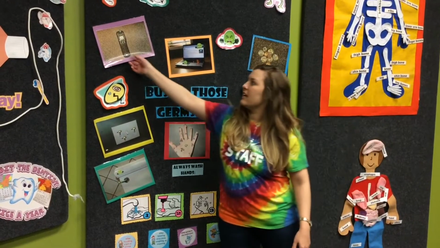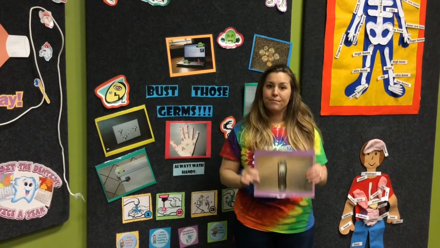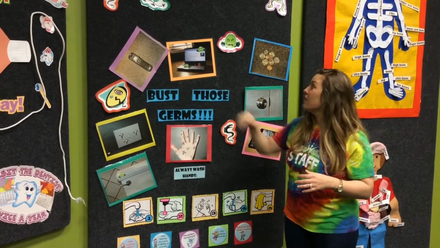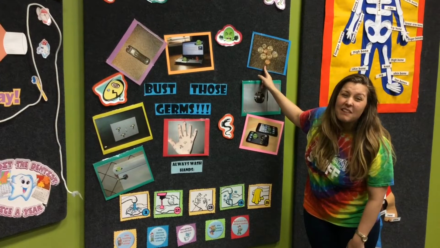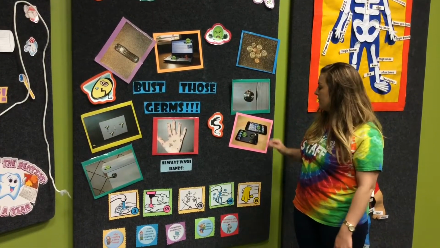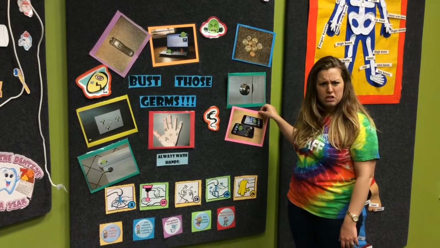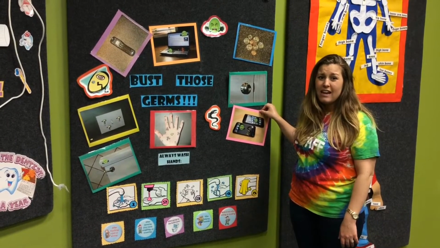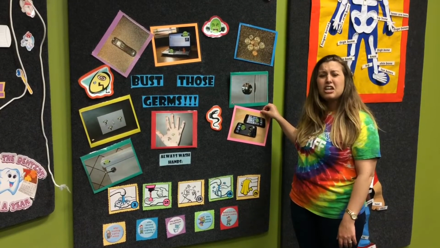Germs are on things like our remote, our computer, money, that's pretty dirty, the doorknob. What about our phones? Do you think at home that germs are on your phone or your parents' phone? If you think there are germs there, say, ew!